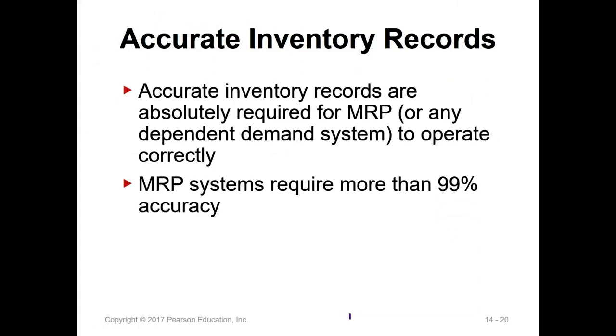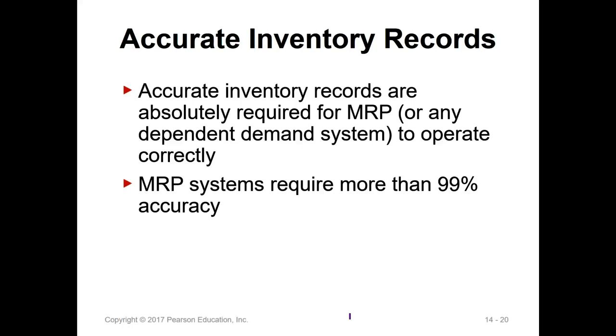Now, to make a good or accurate material requirement plan, we need to know the information about our current inventory level. So we need to count the inventory as accurately as possible. Accurate inventory records are absolutely required. It is a key component to decide whether you can implement your material requirements plan successfully or not.